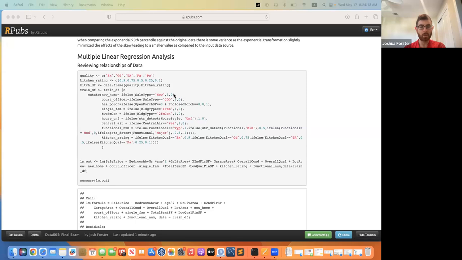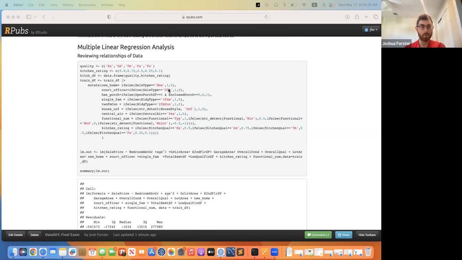So we created a bunch of different one-hot encoding variables, for example whether the property had central air, whether it was unfinished, whether it had a porch, whether it was closed. COD meant closed by a court officer, and whether it was new. And again, there is a risk there that it could be very highly correlated to age.